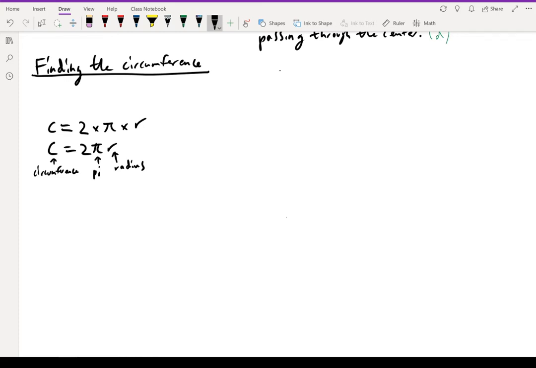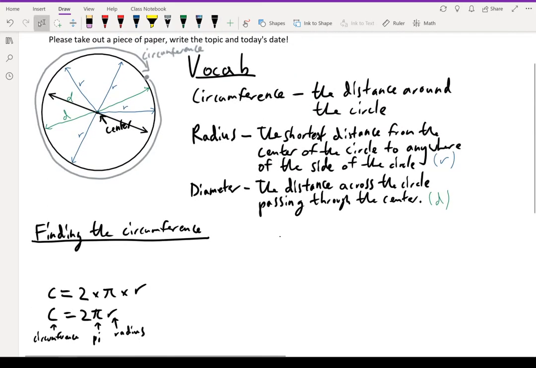Now, when you look back at this circle over here, the radius is half the distance of the diameter. So actually, there is a relationship between radius and diameter. Diameter is equal to 2 times the radius, because radius is only half distance from the center to the side, whereas diameter is from one side all the way to the other side.